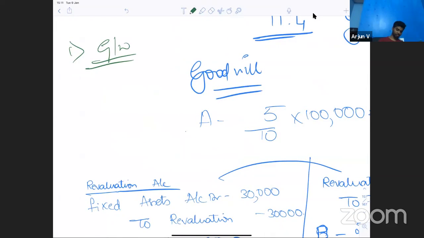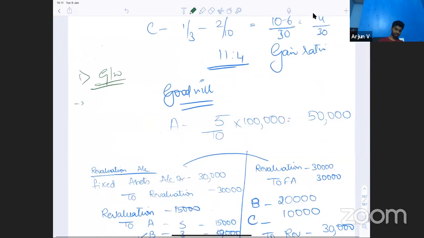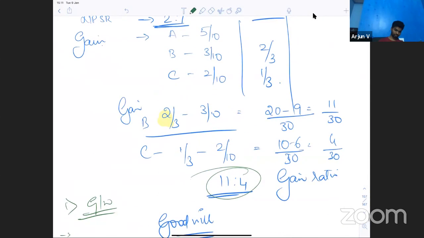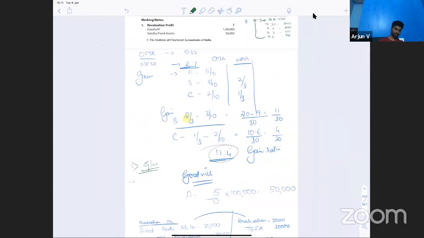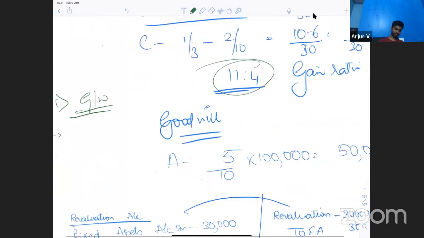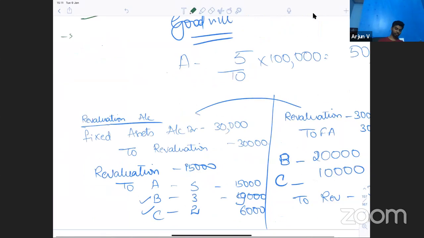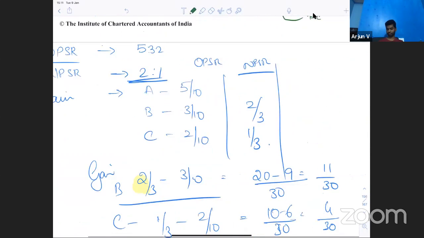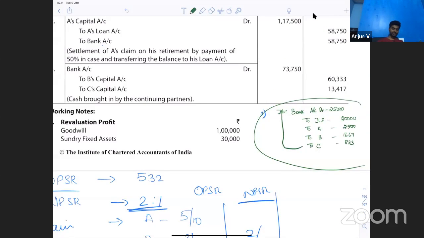Goodwill division is going to be 50,000, which has to be divided in the ratio of 11:4. Second entry is for revaluation. Third entry is going to be for JLP account. I hope you guys are clear.